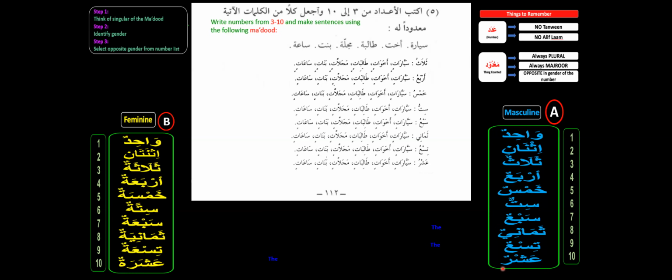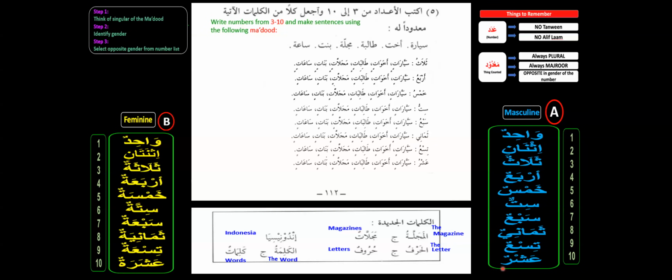You write Salasu Sayaratin, then Arba'u Sayaratin, then Khamsu Sayaratin. So make the whole table for one item you are counting and add numbers from 3 to 10. If you do like that, your numbering system will become very strong. I hope you have done it last time, and if you did, this time it will be a piece of cake, inshallah.